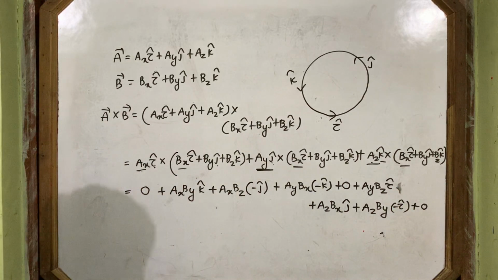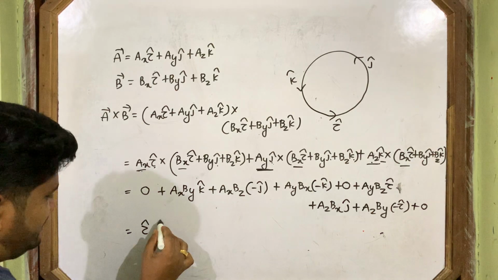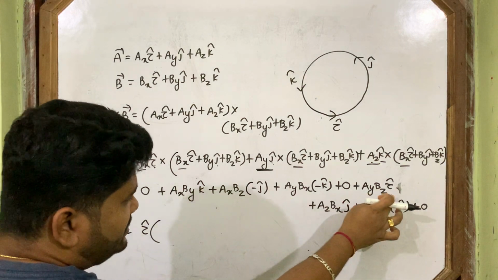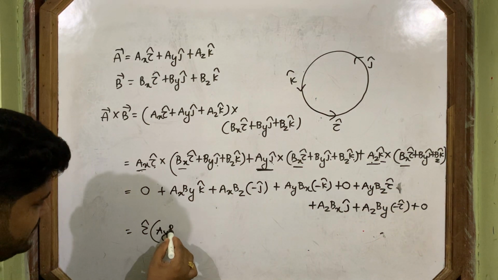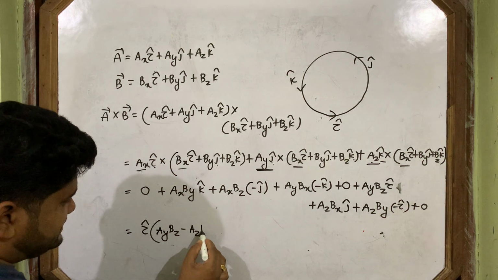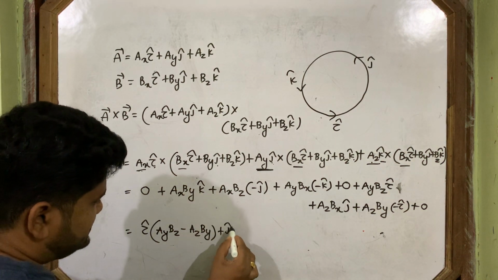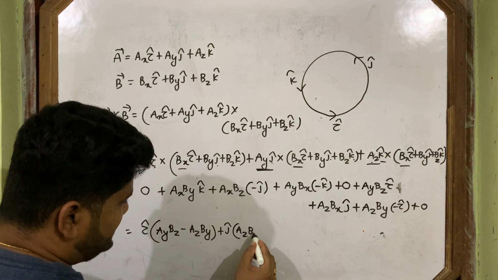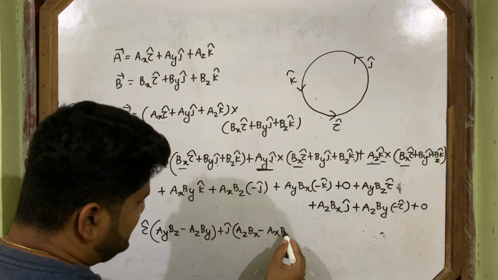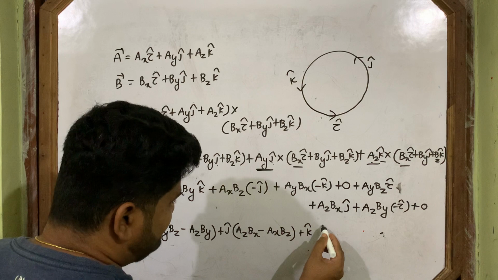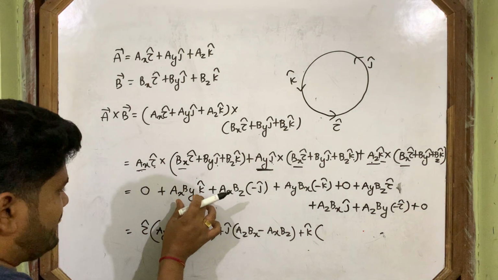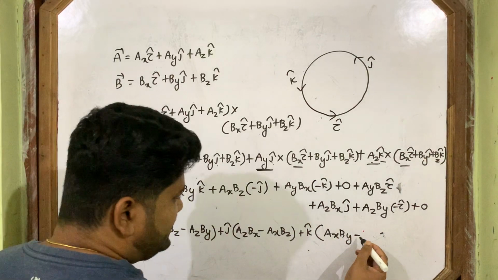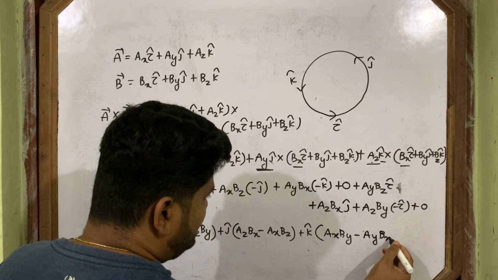So now you take common. i cap, take common. What are you getting? Where is i cap? Here is i cap: ay bz minus az by. j cap, take common, what are you getting? az bx minus ax bz. k cap, take common, then what are you getting? ax by minus ay bx.